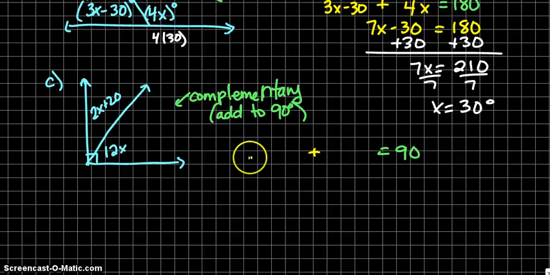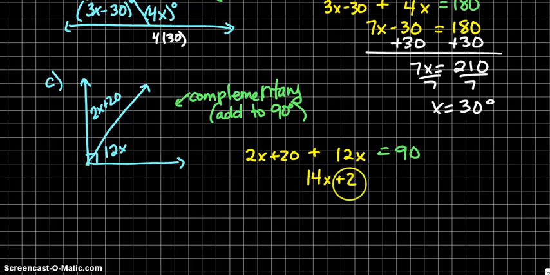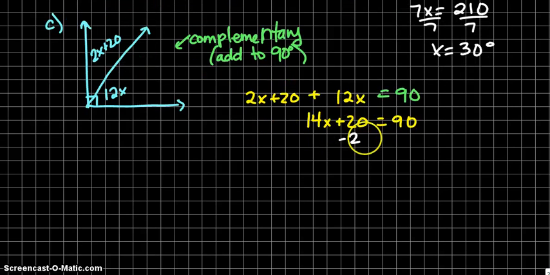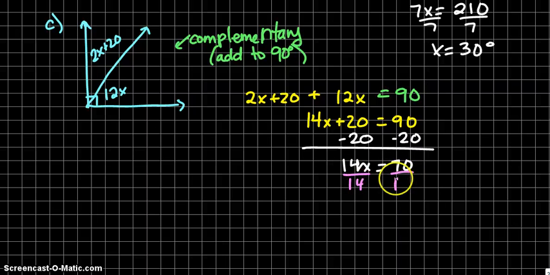So my first angle is 2x plus 20, and my other angle is 12x. And then solve. 14x plus 20 equals 90. I am going to subtract 20 from both sides. And then I am going to divide by 14, and you end up with x equals 5.